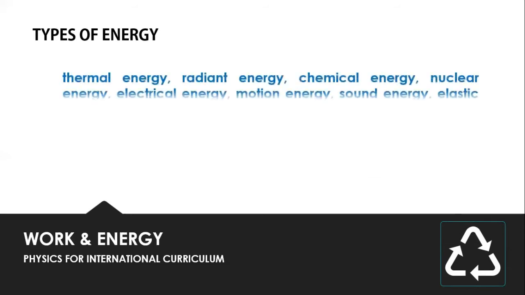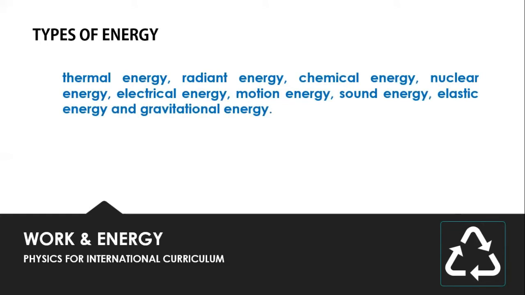Talking about energy, we have to understand the types of energy first. There are many types of energy in this world: thermal energy, radiant energy, chemical energy, nuclear energy, electrical energy, motion energy, sound energy, elastic energy, and gravitational energy.